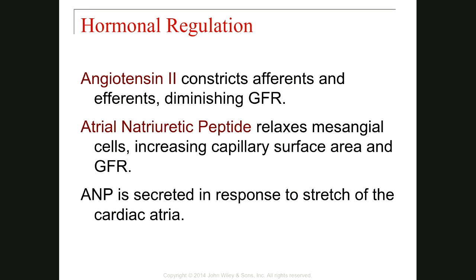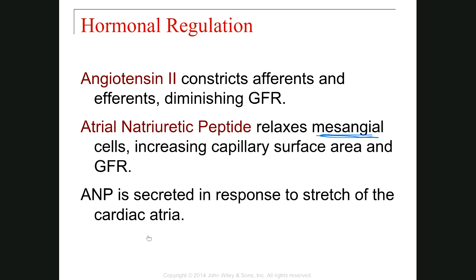They have their receptors on the mesangial cells, and so the mesangial cells become relaxed and they increase the capillary surface area and they can increase our GFR. Atrial natriuretic peptide is secreted in response to the stretch of the cardiac atria.